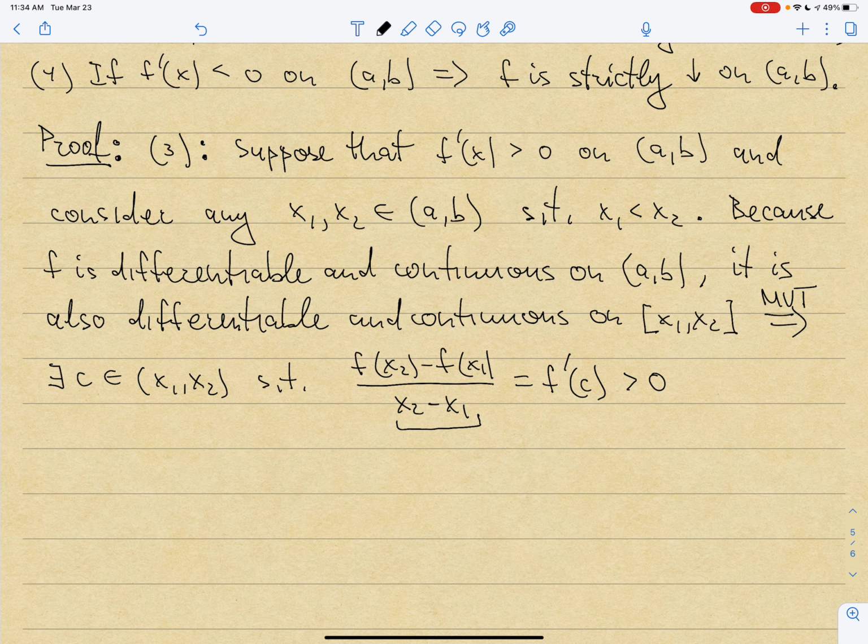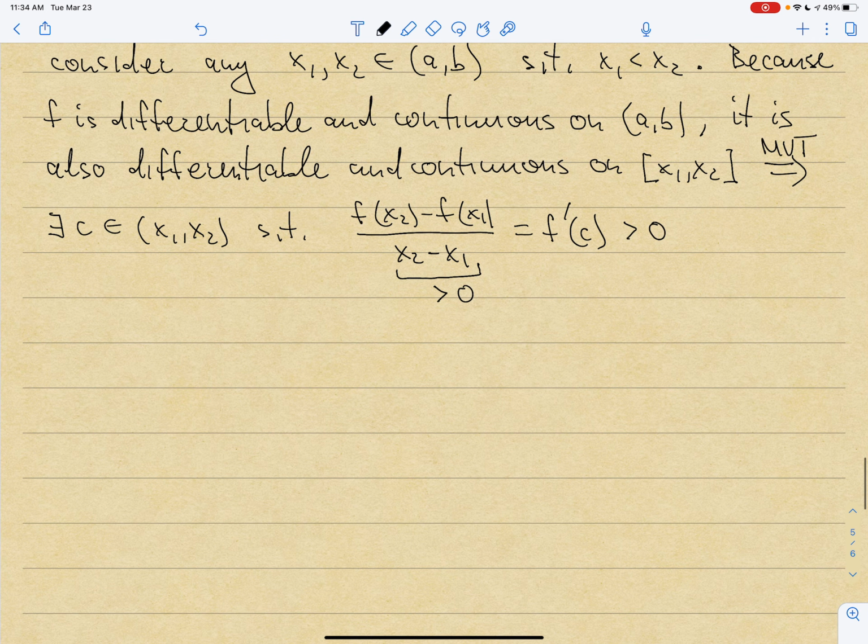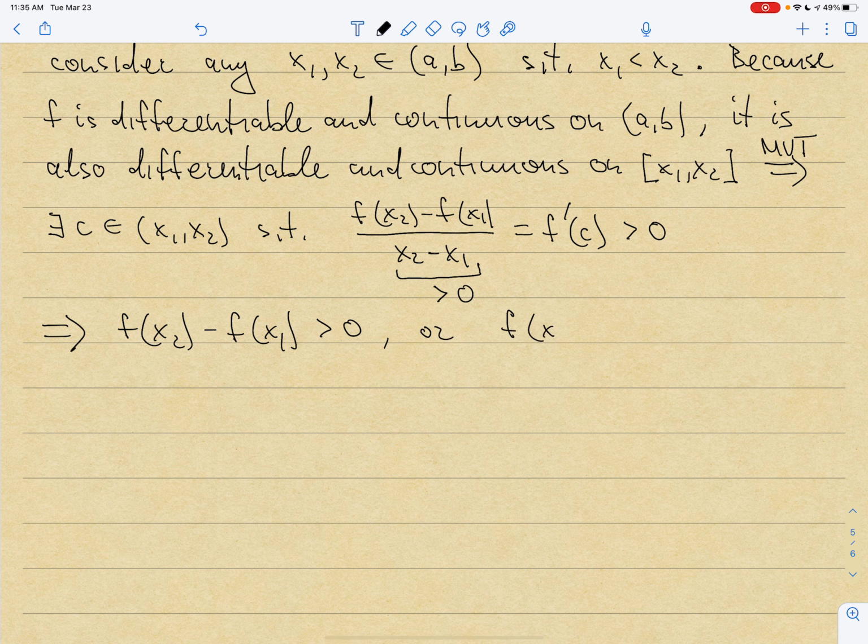And so denominator greater than 0, ratio is greater than 0, so this implies that f of x2 minus f of x1 should also be greater than 0, or, which is the same thing, f of x2 is greater than f of x1.